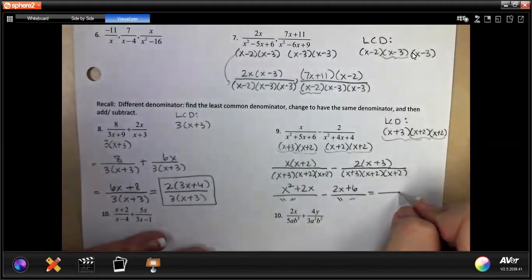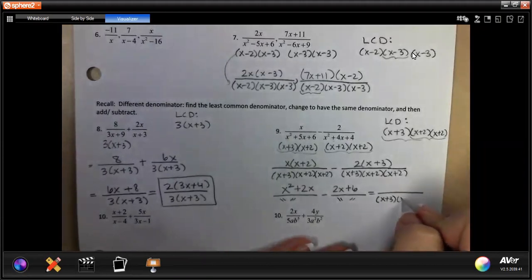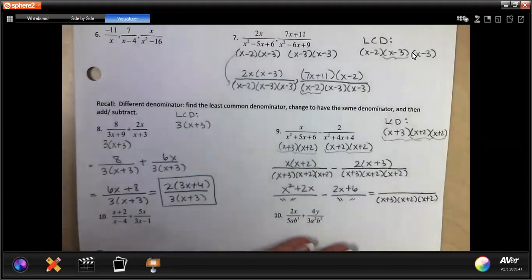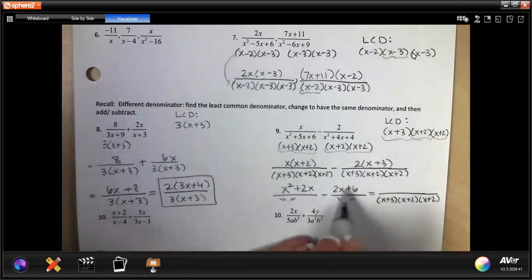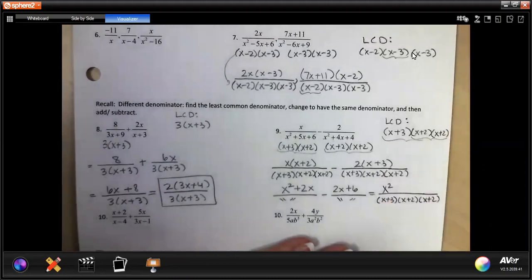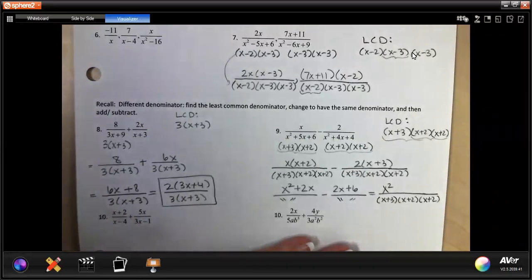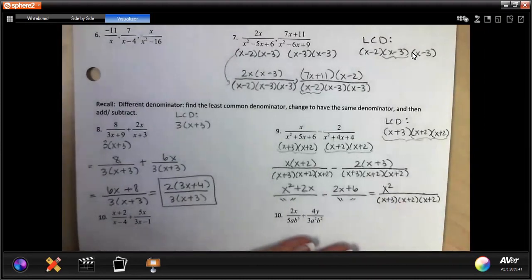All right, with subtraction, just like addition, we keep our denominator. And then we go ahead and subtract the top. So x squared minus, there's no other x squared term, so that just stays as x squared. You want to remember to subtract everything in the second one. So that is 2x minus 2x, which is 0x.